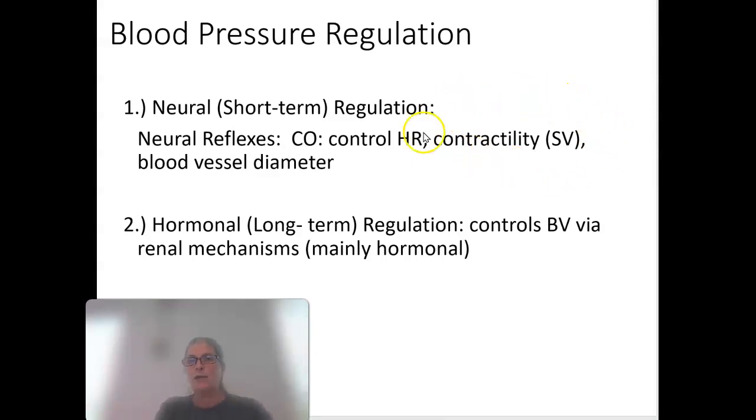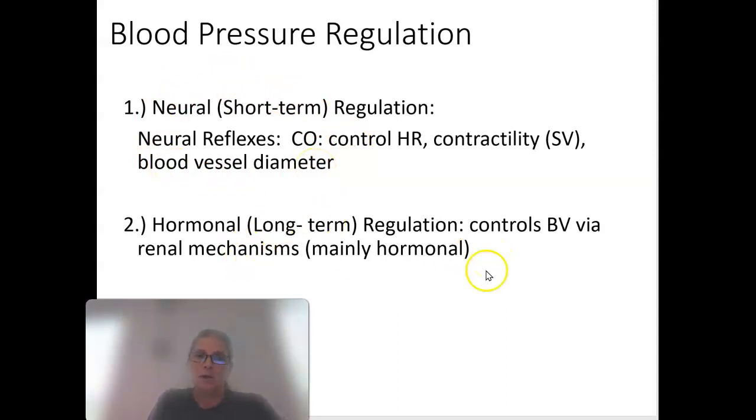We know that we have things that can change contractility of our heart. The contractility, remember, was the muscle contractions, and if that were to increase, we could increase our stroke volume. We also know that we can change our blood vessel diameters very quickly, and that if we change the diameter, that will change the resistance and then the pressure. So these are quicker types of controls.